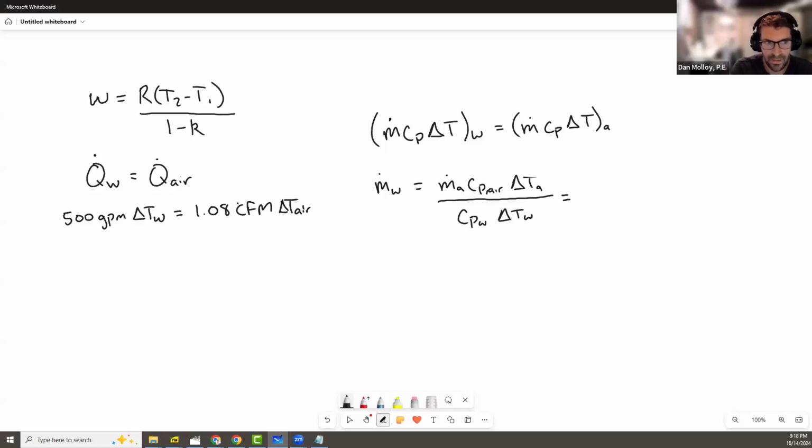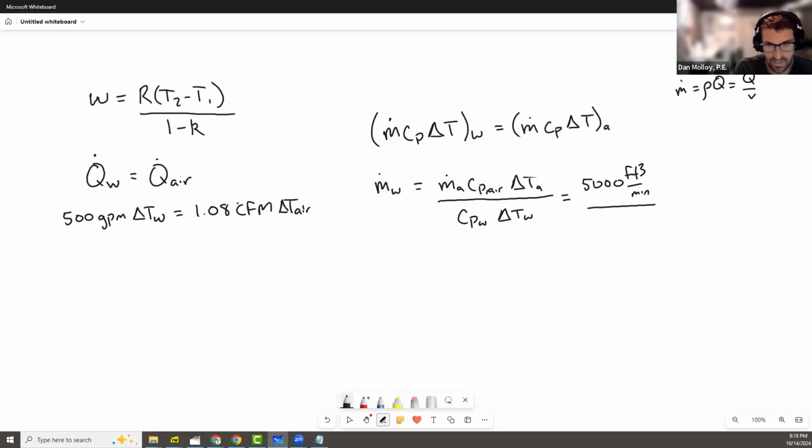And then if we plug that in, the volume flow rate of the air in the problem was 5,000 CFM. So let's write that as cubic feet per minute. And then that's being divided by the specific volume to get a mass flow rate. So if you want to get a mass flow rate, you can do density times volume flow rate, or the same thing as volume flow rate over specific volume, because the specific volume is the inverse of the density.